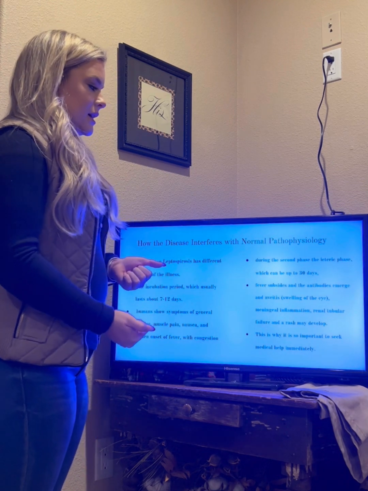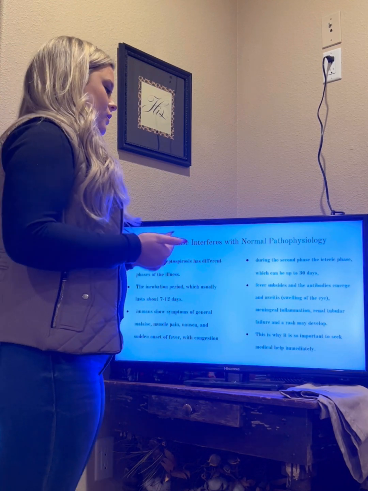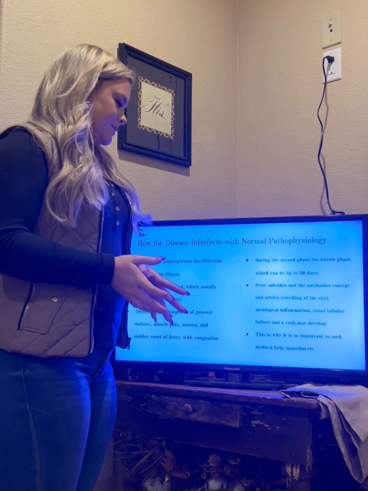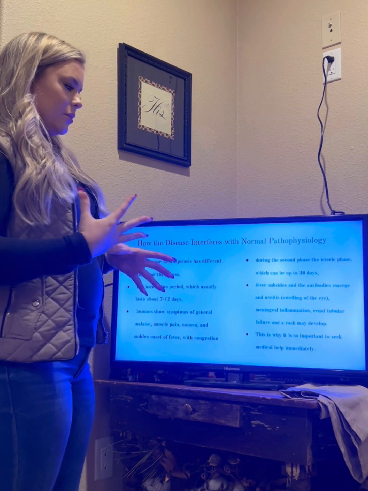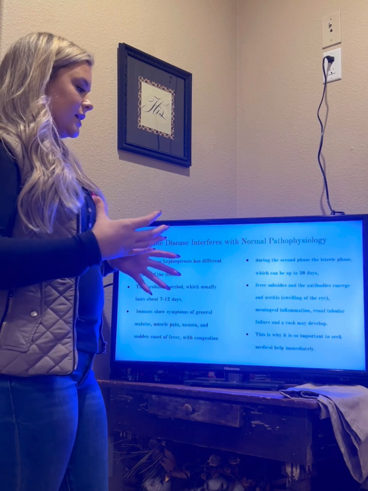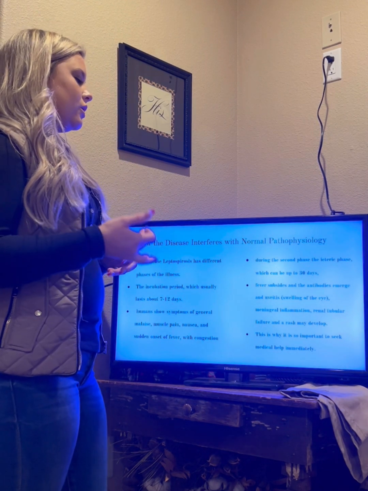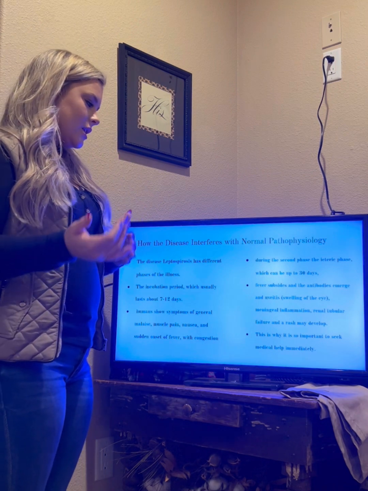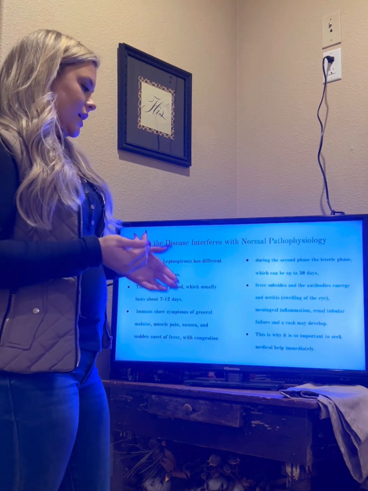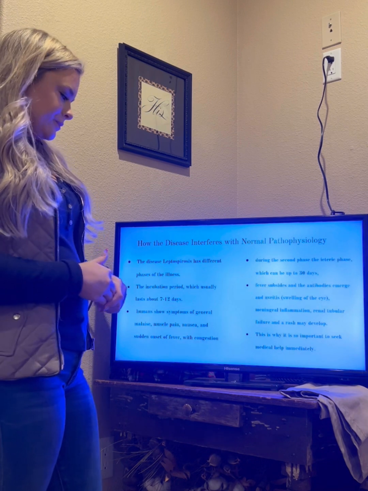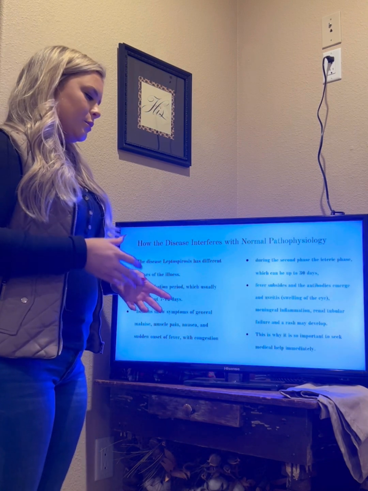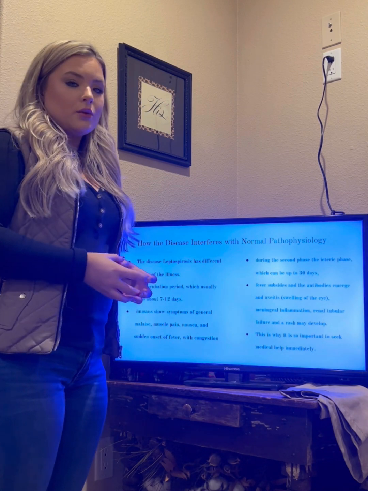During the second phase, the immune phase, which can be up to 30 days, fever subsides and the antibodies emerge, and uveitis, swelling of the eye, meningeal inflammation, renal tubular failure, and rash can develop. This is why it's so important to seek medical help right away.